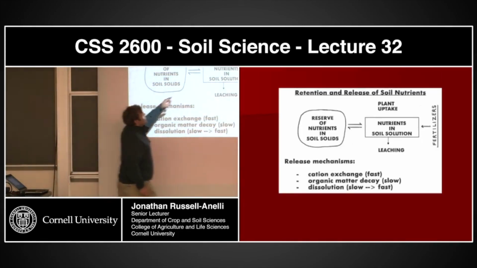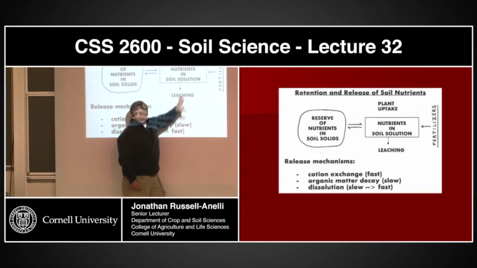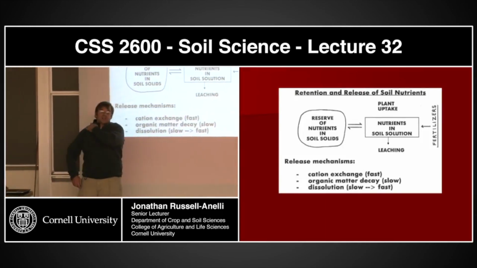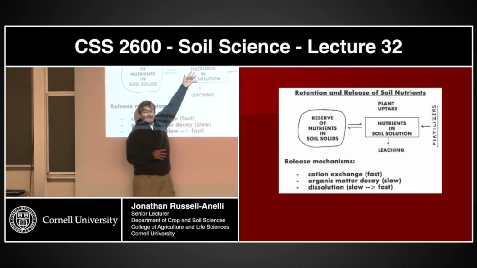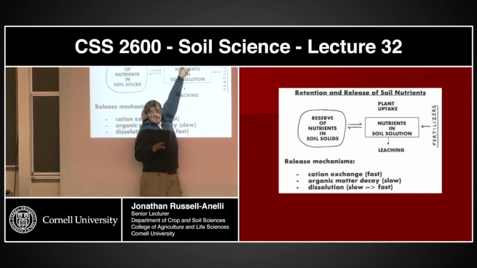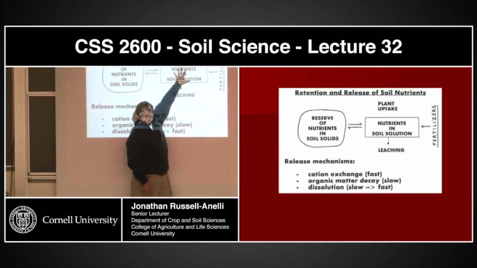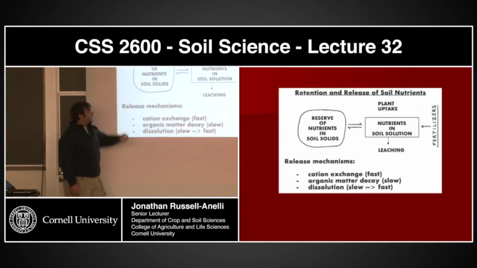Now, we're talking about this, the plant uptake of those nutrients. Okay? But it's important to think about this in a sense, you know, if we're interested in maintaining fertility for our plants, we can't just think about the uptake of the plants, of those nutrients. We need to think about what's in the soil solution and how it's interacting with those reserve areas. Okay?